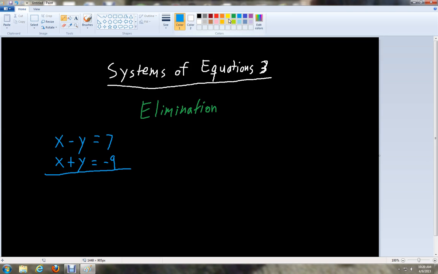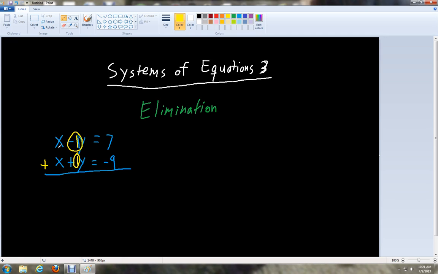If you notice, we have x and y in both equations, but let's just say we notice the coefficients of y. We have a negative 1 for y and a positive 1 for y. But what if we did something like add the two equations together?